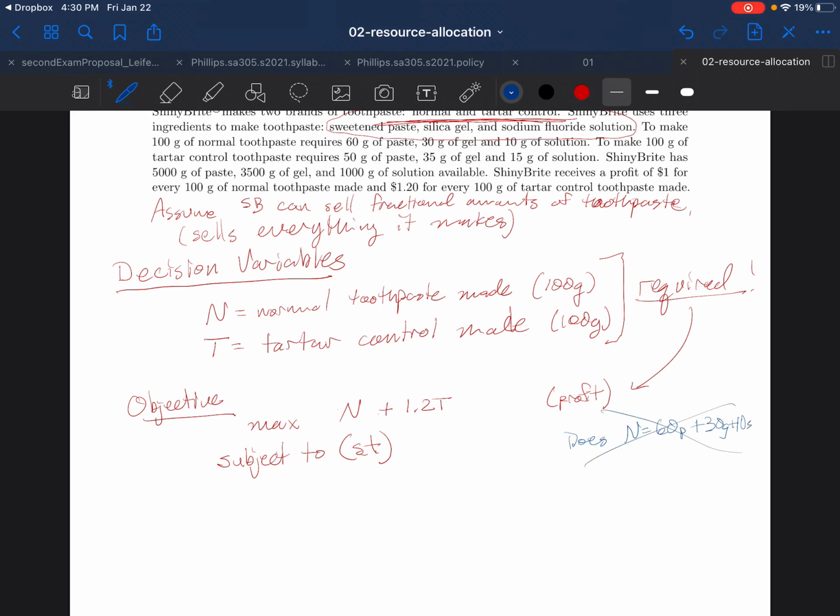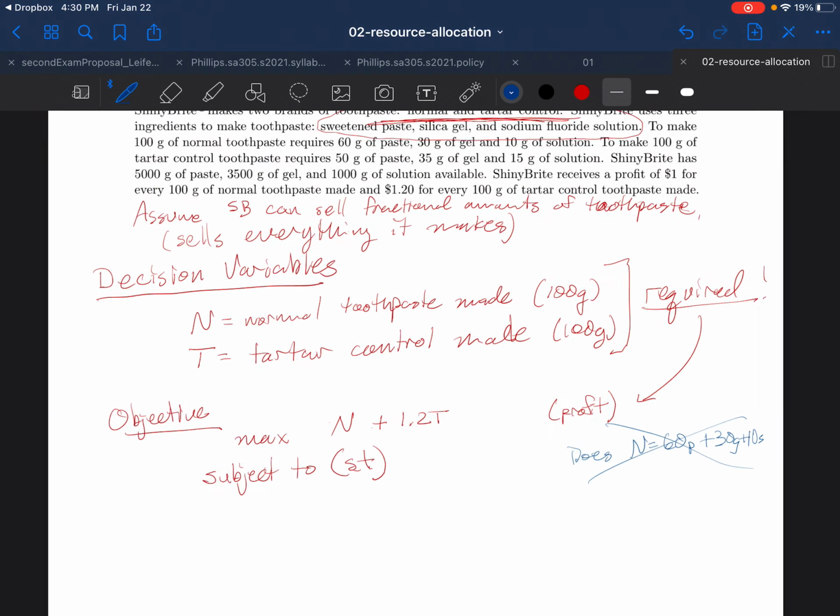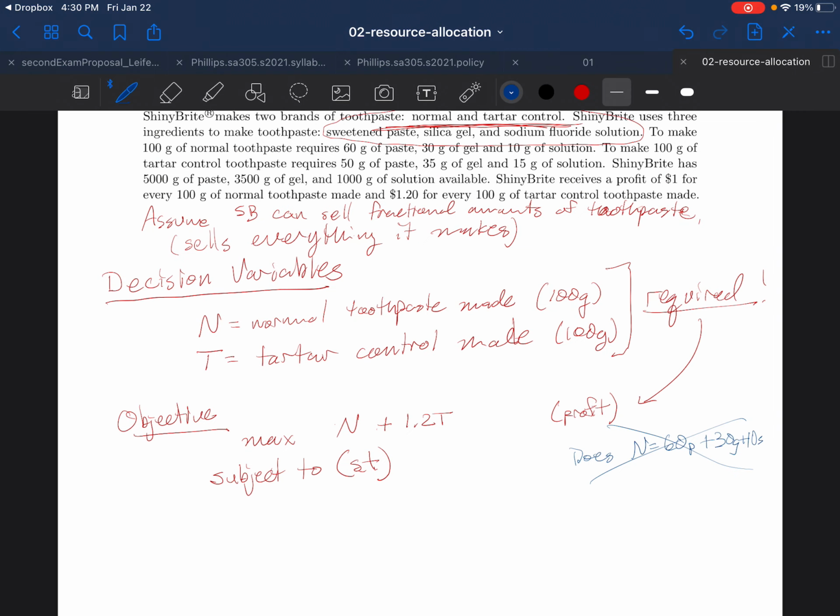And no, it does not. And the way you can tell this is wrong, now if you look at how it's read, like when you read it, that's how it's read. 100 grams is made out of 60 grams of paste and 30 grams of gel and 10 grams of solution. That's certainly how it looks when you read it.